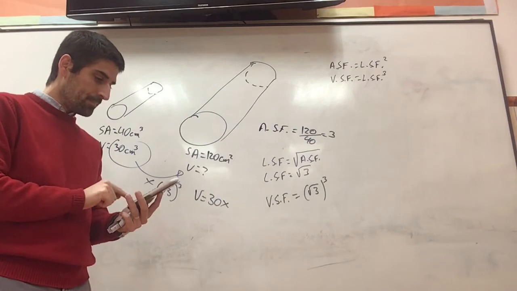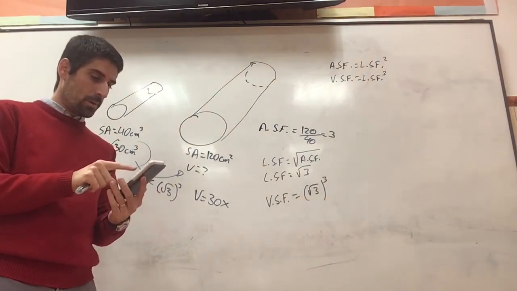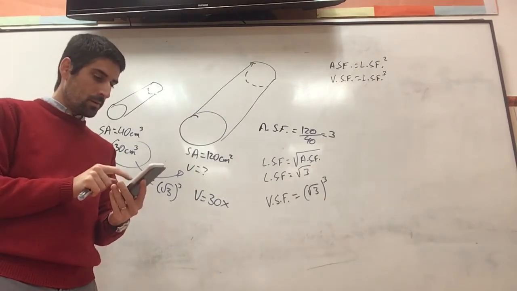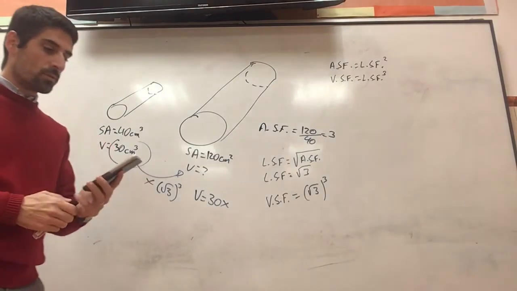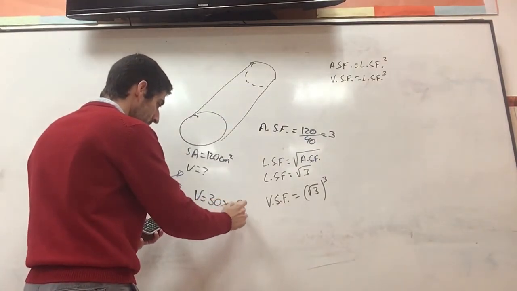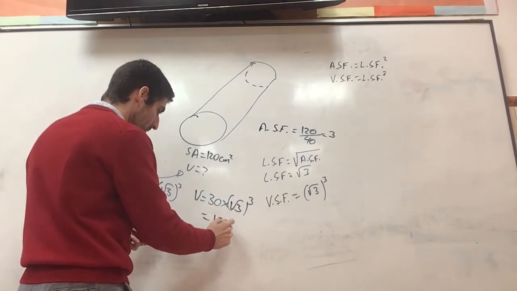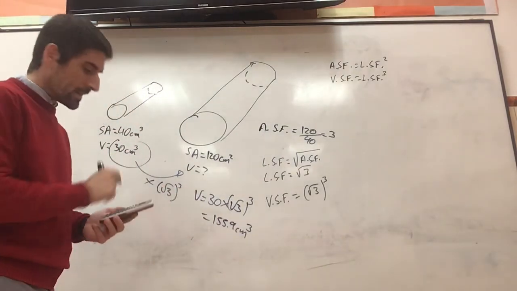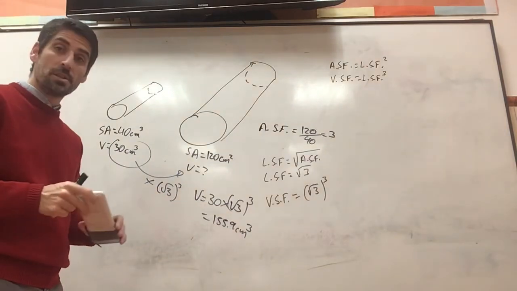Multiply by 30, and I give my answer rounded to 1 decimal place. 155.9 centimeters cubed. And that is a perfectly good exam question, GCSE level.